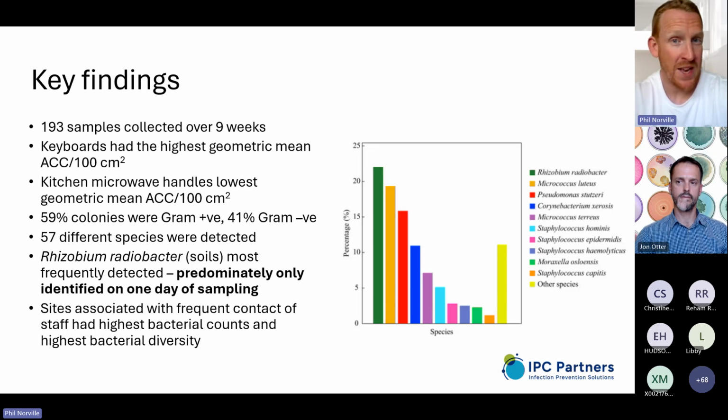Is that because they're displaced? Is it because the intervention is actually working and getting rid of the contamination? So again, really interesting to think about that and the impact on patients and healthcare associated infections. And as you'd expect, sites associated with frequent contact of staff had the highest bacterial counts and the highest bacterial diversity, so the highest number of different species.